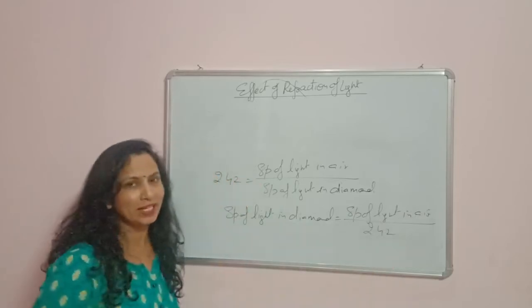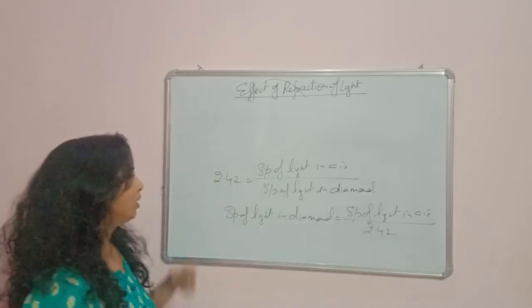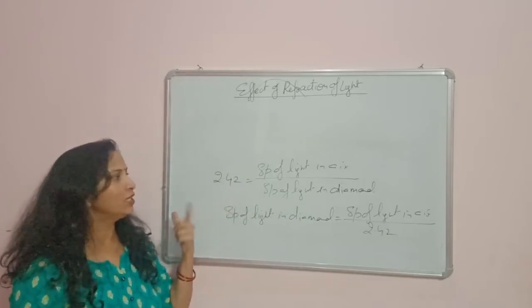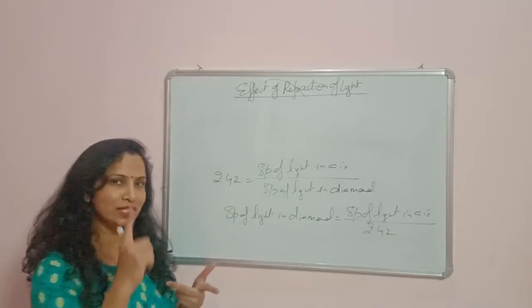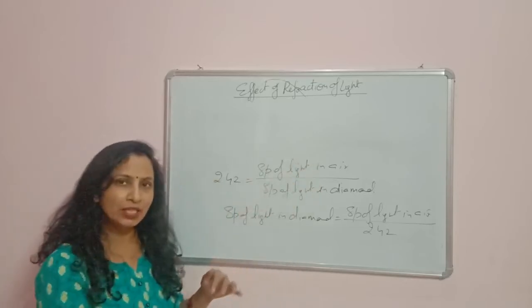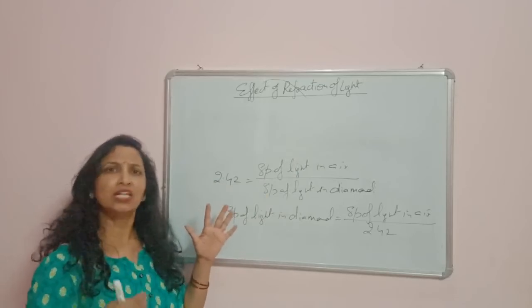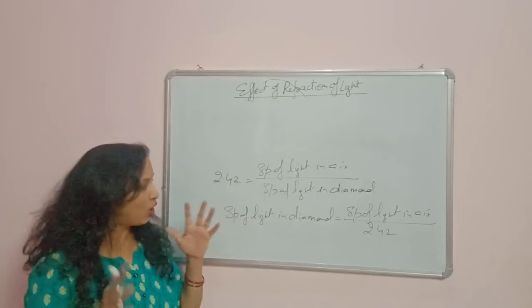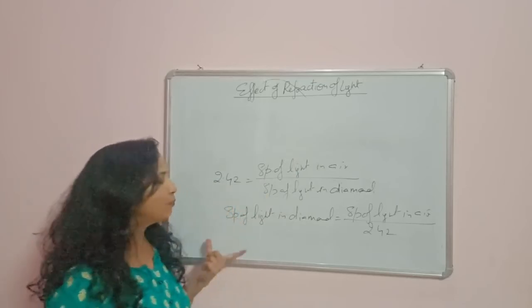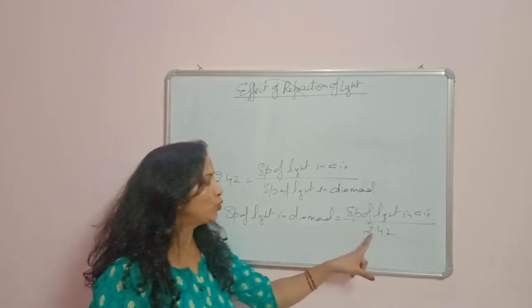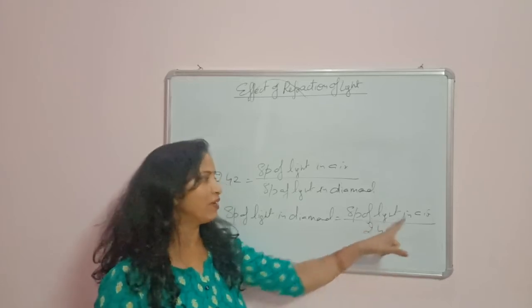So we can explain it in two ways. That the refractive index of diamond is 2.42. It means that the ratio of the speed of light in air to that in diamond is 2.42. We can explain it by using the definition of the refractive index. Or we can also say like this. It means that the speed of light in diamond is 1 upon 2.42 times the speed of light in air.